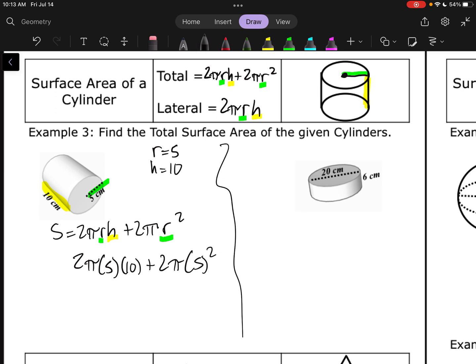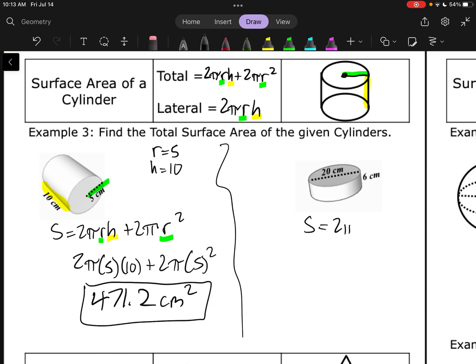I'm getting 471.2, going to just round to the nearest tenth on these, centimeters squared.